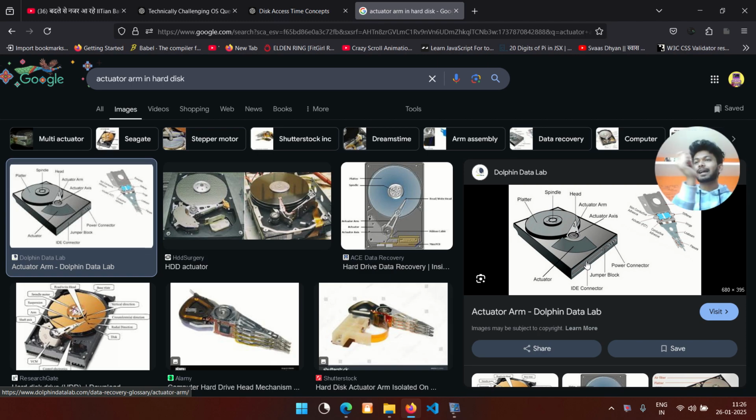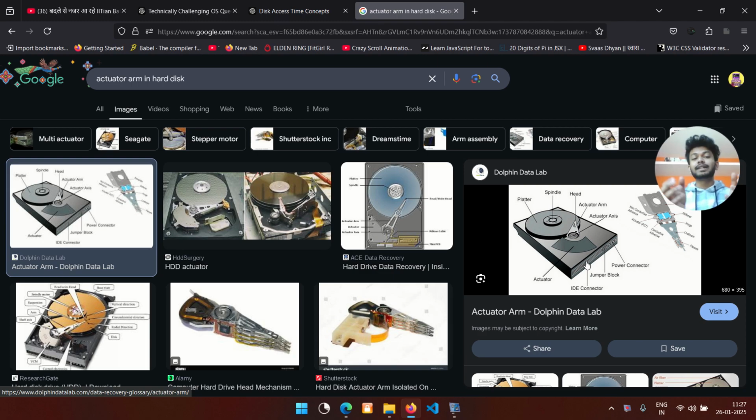So there are many tracks on the disk, right? Choose one of the tracks, and in the track there are many sectors. In the very track there will be many sectors, and in one of the sectors there will be the data broken down into chunks.